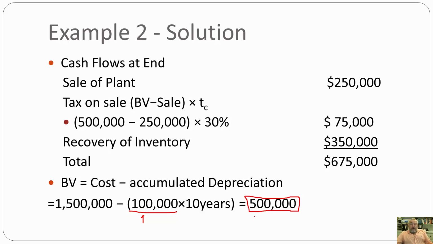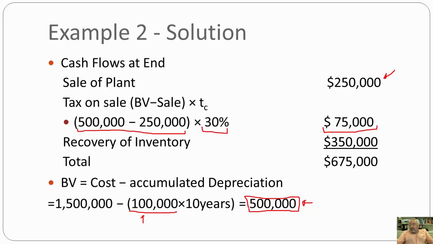So when we sell it, yes, there is this cash flow of $250,000, but there's a tax effect. It's recorded at $500. We sell it for $250. So essentially, we've got an extra loss there that reduces our tax. So we multiply that by the tax rate. There's a reduction in tax, in other words, like an extra cash inflow.